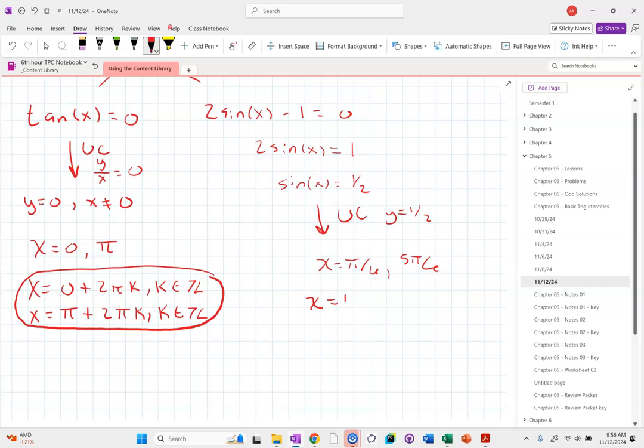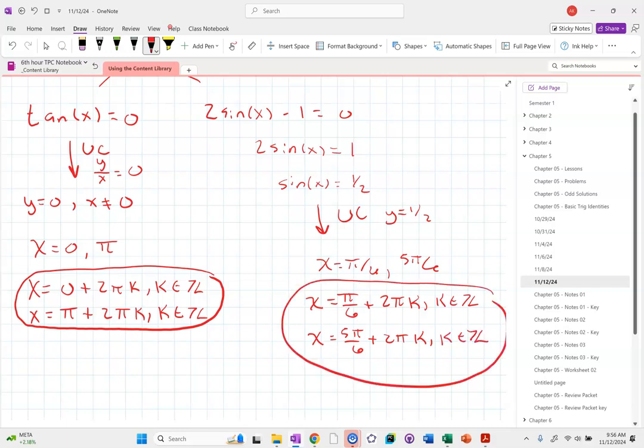But again, we're looking for infinitely many solutions here, so we have to slap that 2 pi k on at the end. So that's what my solution set here would look like.